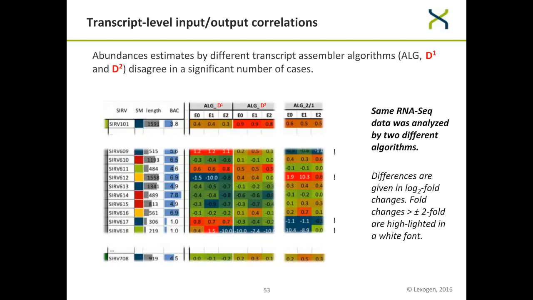Also, actually, both of the pipelines overestimate the abundance of all of these transcripts. But because the bias is the same, actually, they still show a very high concordance. Of course, there are also other examples where this is not the case, like here for 617. So one pipeline is over, the other underestimating these abundances, and here the concordance is really, really low.